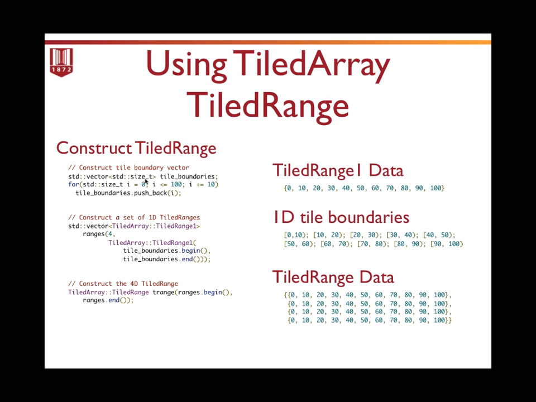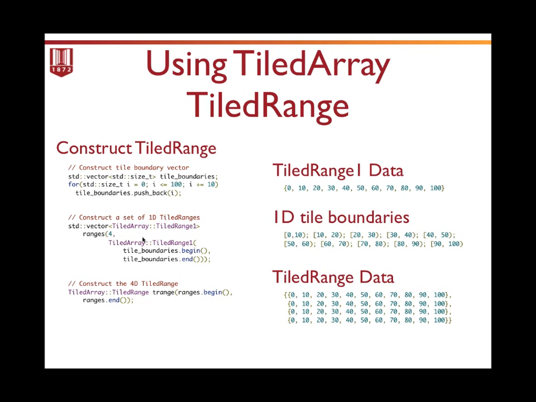In this case, I'm constructing an array starting at 0, and we're going to have tiles that store exactly 10 elements, and we're going to have 10 of those. So this array represents a tile that goes from 0 to 9. This one would go from 10 to 19, 20 to 29, and so on.